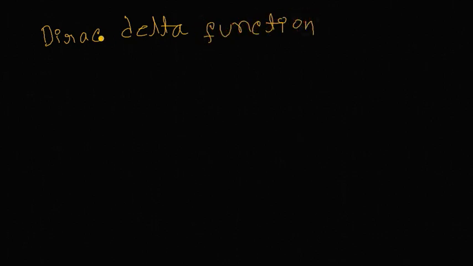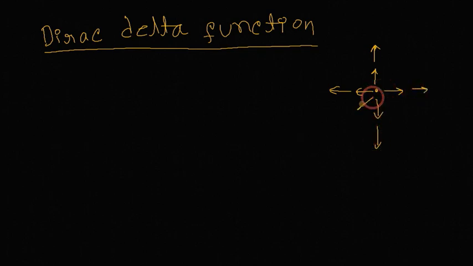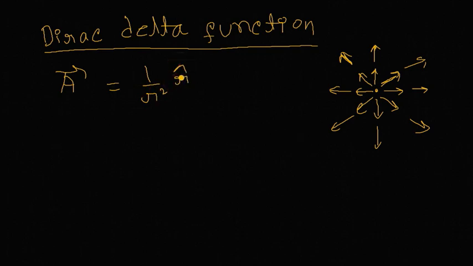In case of Dirac delta function, we take a single point and we assume that this particular function, okay, let us consider the function as 1 by r square r cap, and this function is radially outward always.